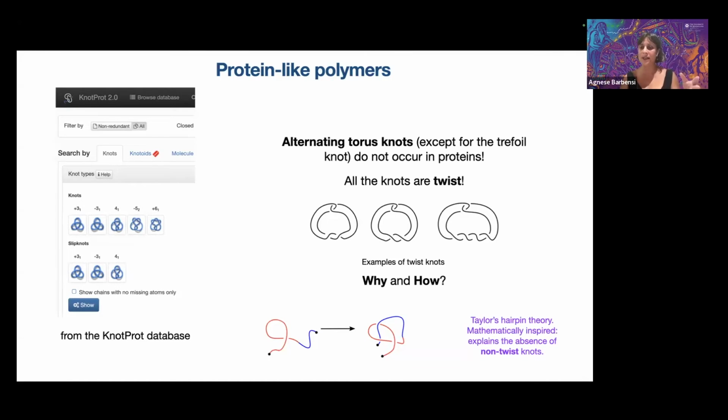Taylor conjectured this hairpin theory, in which basically at the beginning of the folding process, a twisted loop is formed, and then there is a single piercing of this twisted loop by one of the two ends of the protein, and in this way, you can only create basically twist knots. So this mathematically inspired folding theory explains the absence of non-twist knots.